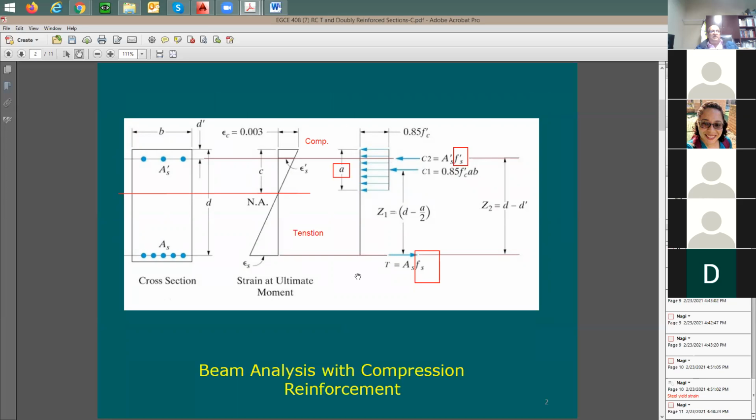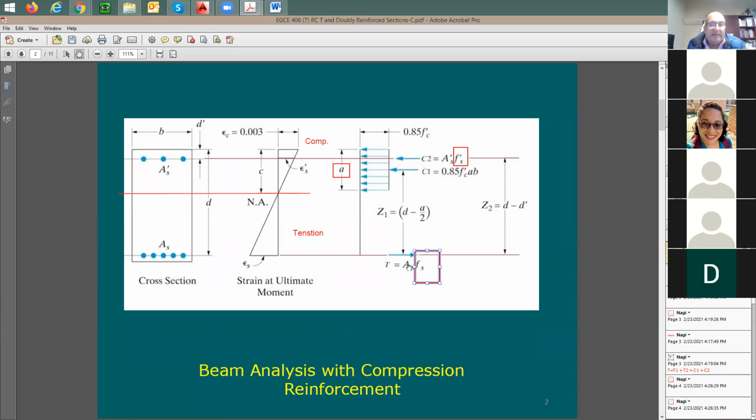In our example here, f_s turned out to be equal to f_y. I assumed something and it happened, so I had two unknowns and needed two equations. But in a case like this, I'm going to have f_s, f_s prime, and a. If both top and bottom steel are not yielding, I'm going to have three unknowns, and I need three equations to solve them.